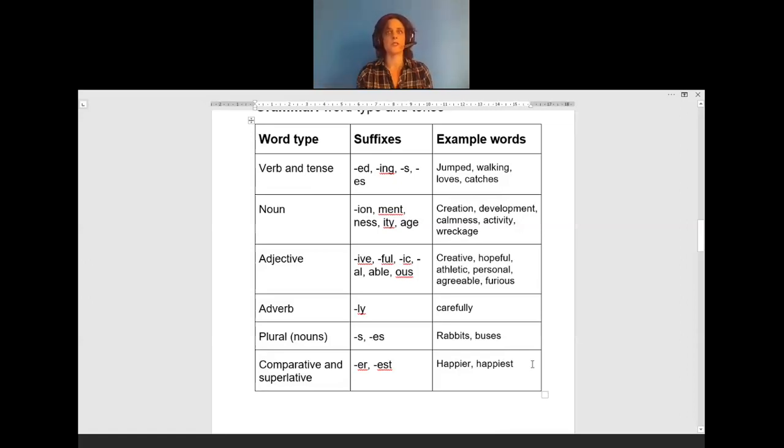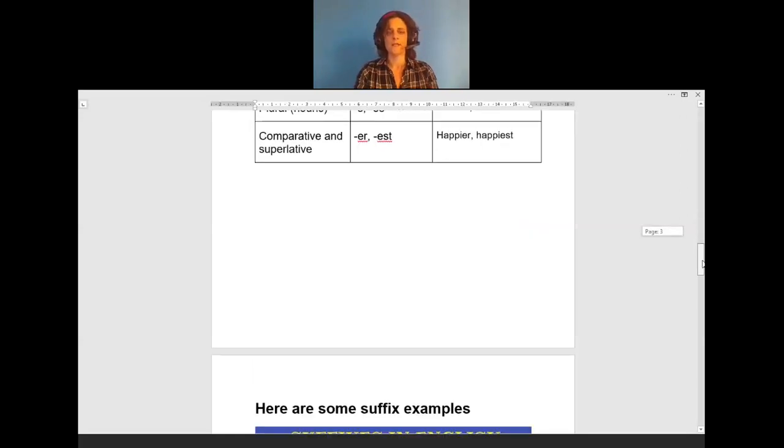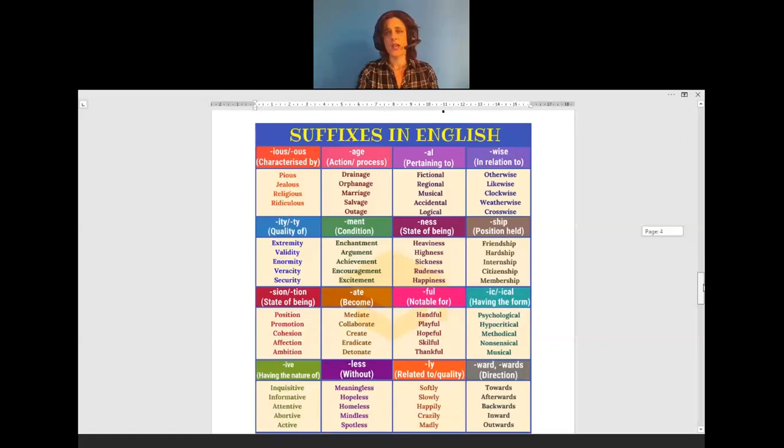Happiest means it's the most happy. And we can add that to lots of words like crazier and craziest, sillier and silliest, hotter and hottest. Those sorts of things can come after lots of different adjectives. So here are some suffix examples, and these just might help you when you're doing your work.